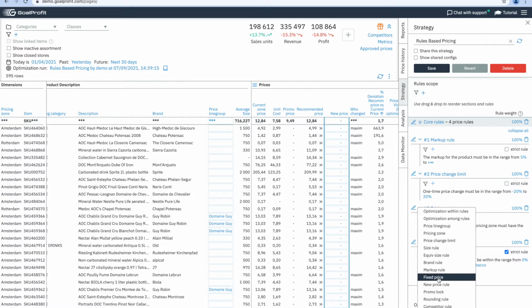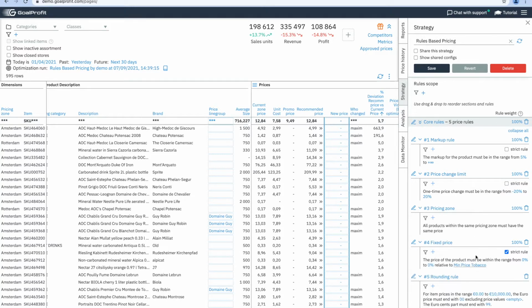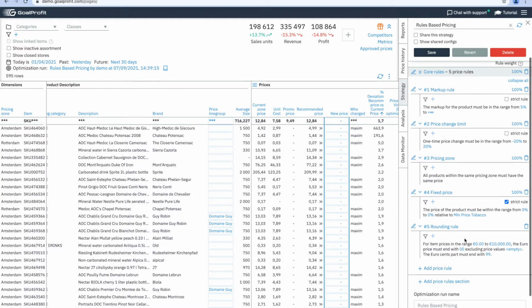And last but not least, the rounding rule. Typically we want to craft our prices to make them beautiful, attractive for our consumers and customers.